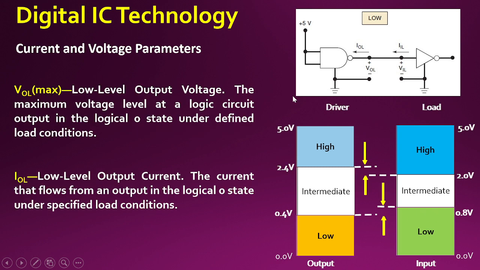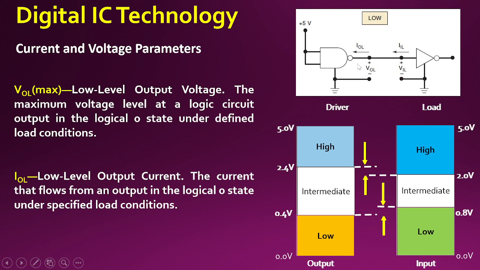Now let us have a look with respect to the driver. In this case, VOL max is again the output voltage when the output is at logic low. Now we'll have to again see the range. 0.4 to 0 is the valid range. So when we are discussing the output of any TTL gate, the voltage range under low logic will be considered valid if it is between 0.4 to 0.